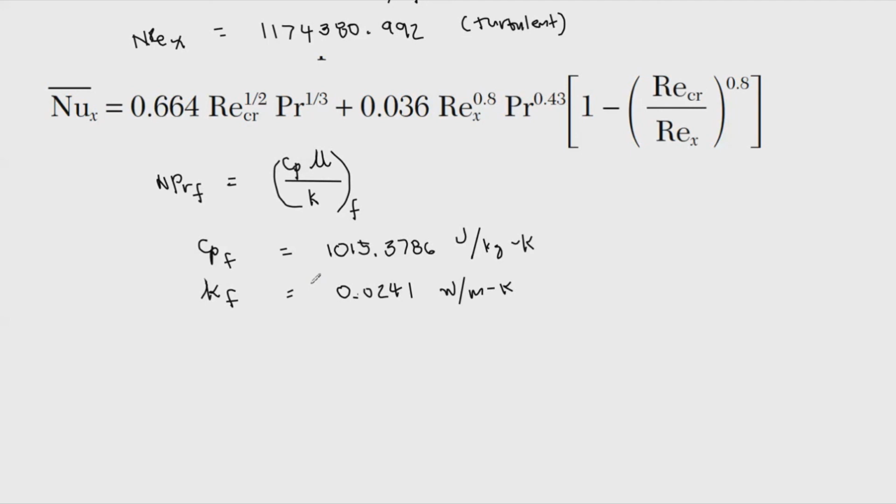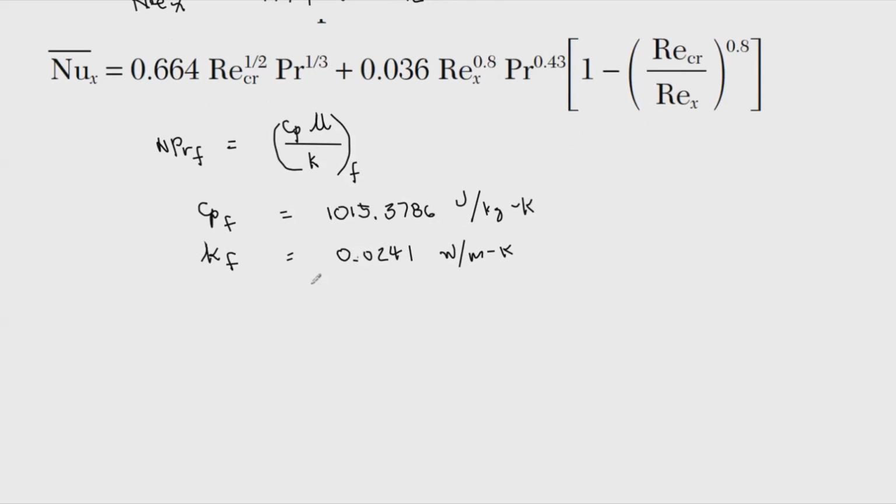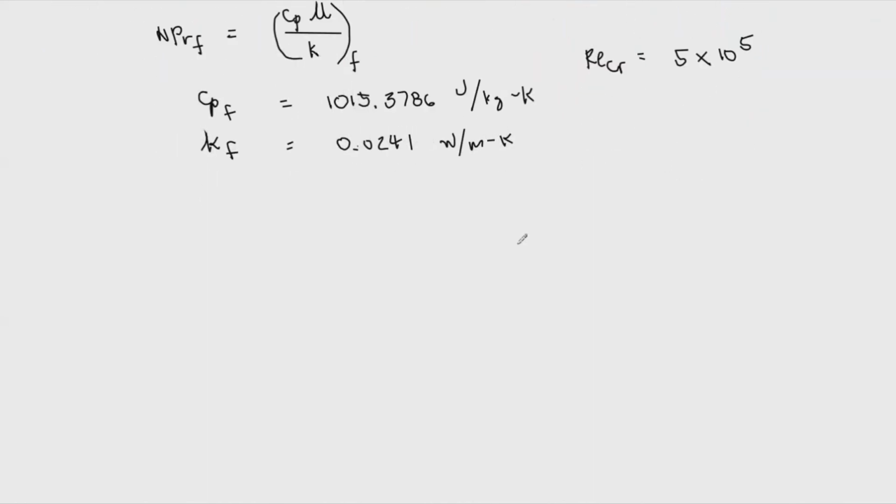Gases don't actually conduct much heat, but metals do. Anyway, let's just substitute the values here. Remember the Reynolds critical number, or Re_cr, is equal to 5 times 10 to the 5th. So we need to substitute all those values.